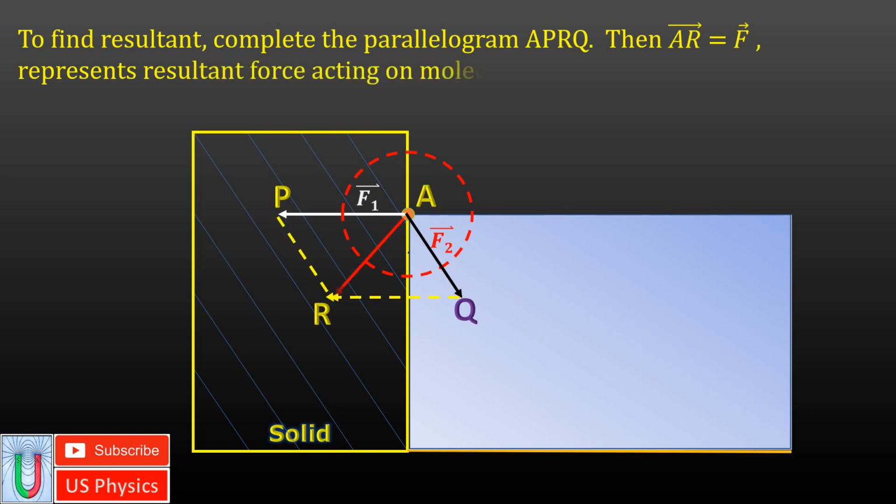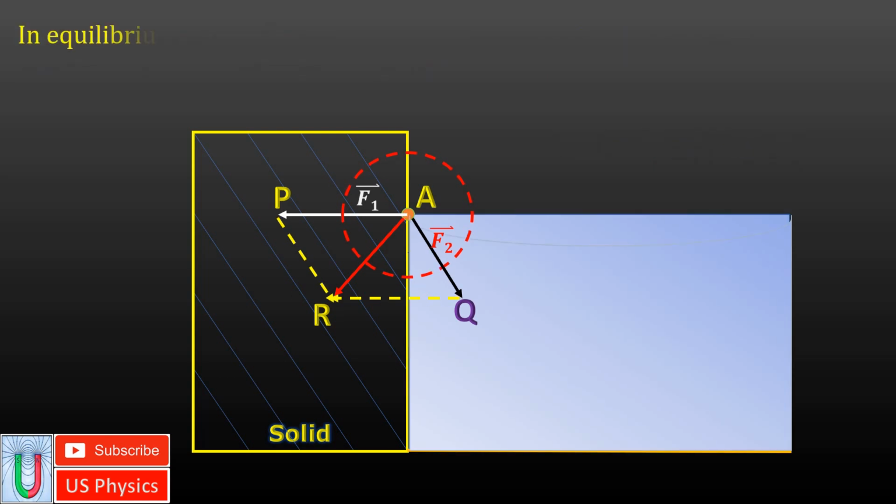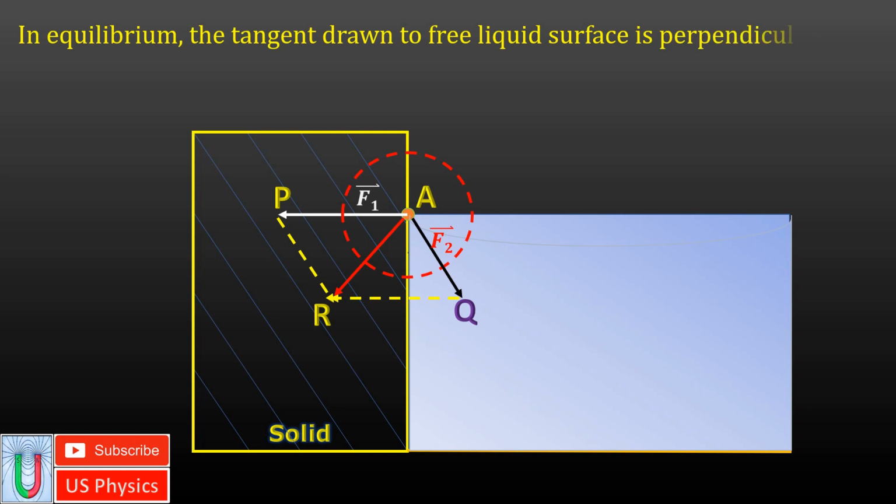Then the vector along diagonal AR represents resultant force acting on molecule A. Hence AR bar equals F bar equals F1 bar plus F2 bar. In equilibrium, the tangent drawn to free liquid surface is perpendicular to resultant force F bar.